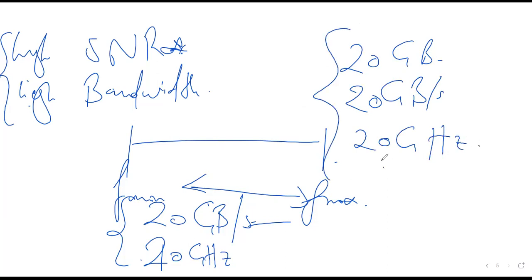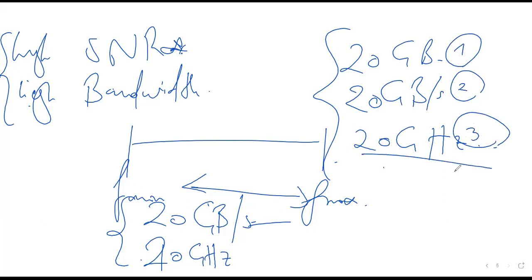What is bandwidth between those three? 20 gigahertz. Yes. And gigabits per second, what is that? Yeah, that's bandwidth. 20 gigabytes per second. That's bandwidth.